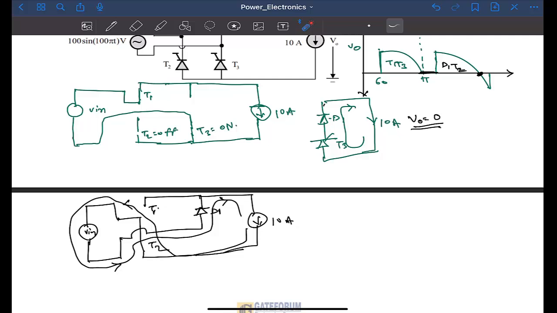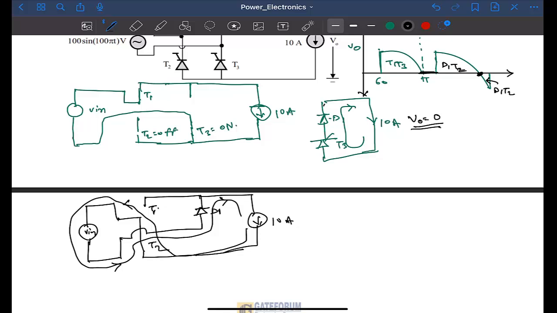If there is no path to flow the 10 ampere, at that time KCL will be violated. Hence 10 ampere continuously will flow through T2 and D1. So at this point also T2 and D1 will conduct.